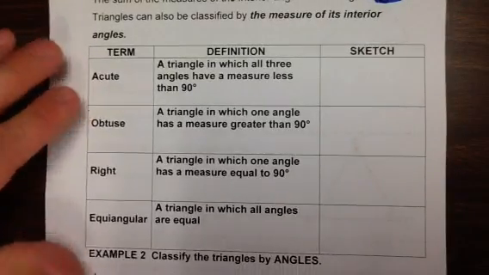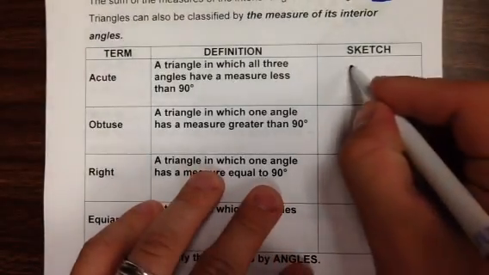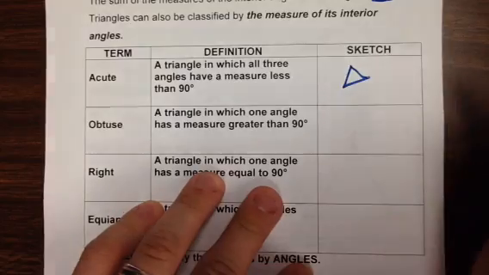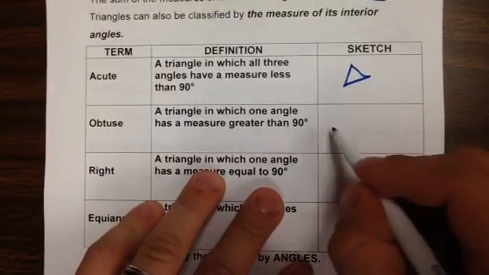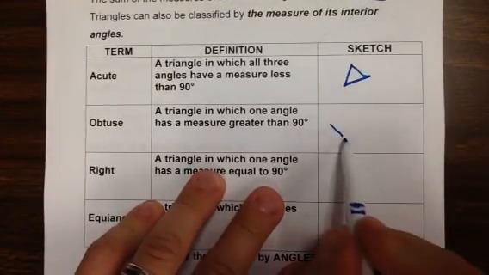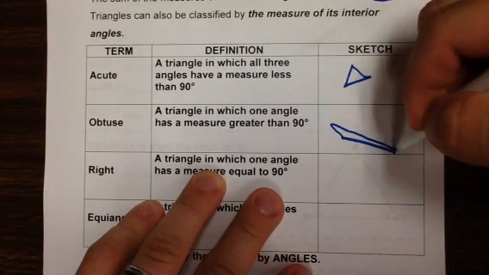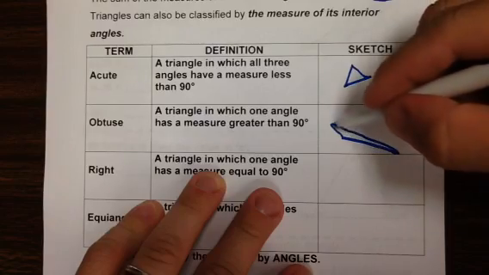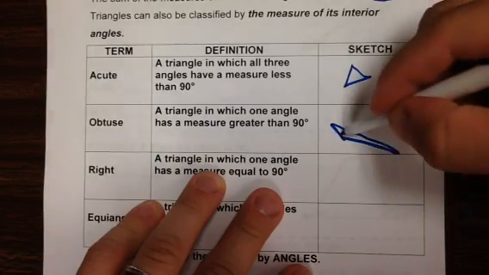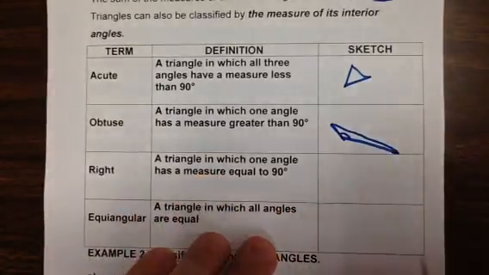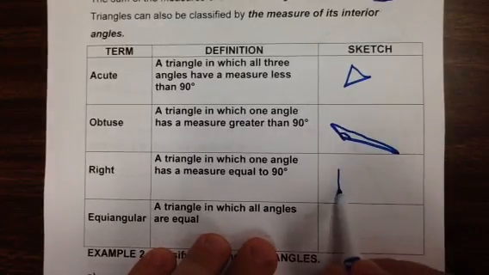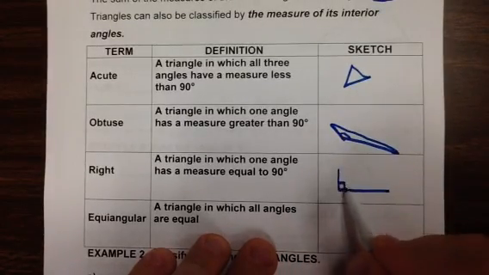So, these I'm just going to sketch on the spot here. An acute triangle would be a triangle that has three acute angles. An obtuse triangle would be a triangle that would have an obtuse angle, such as right here. A right triangle would be a triangle that has a 90-degree angle.